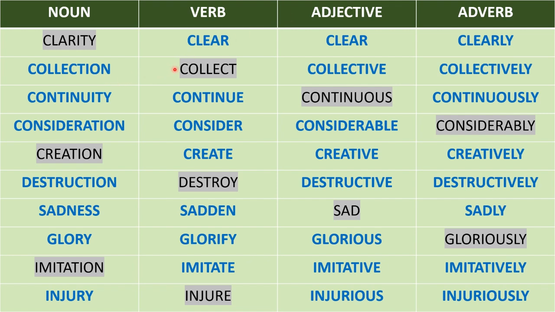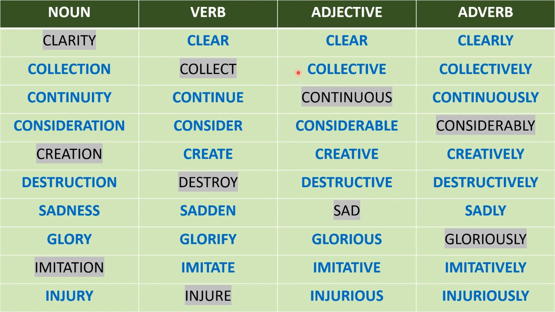Now you have the verb collect. The noun form is collection. So the parent collected the children's books. That is collect, verb form, already given. Now collection. The collection of the books has to be done on Monday. So collection, noun form.